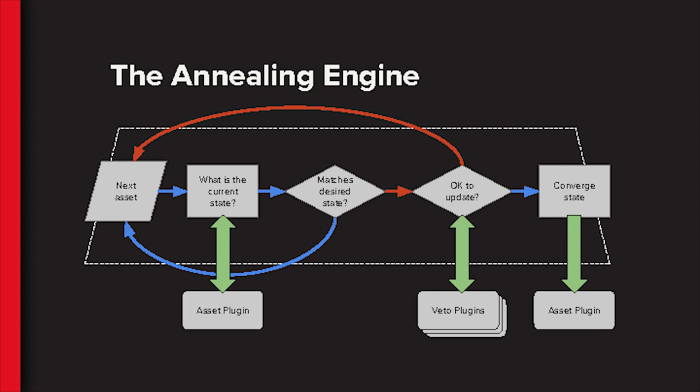So it'll go and talk to that plugin and say, fetch me the current state. Does this match the desired state? If so, fine, let's move on to the next one. If not, let's go ask all of the veto plugins, am I allowed to update this right now? If not, go back to the next asset. If so, let's converge the state. And for that, we'll talk to the same asset plugin again, the same one as over here.